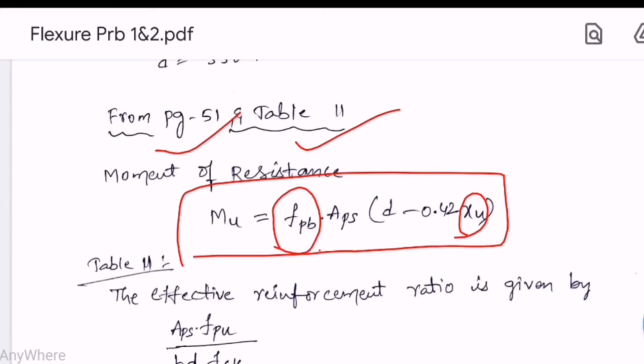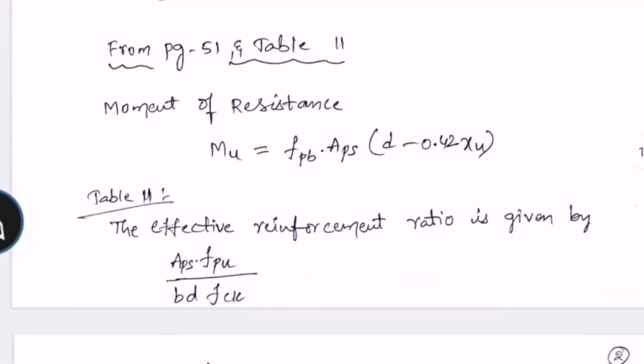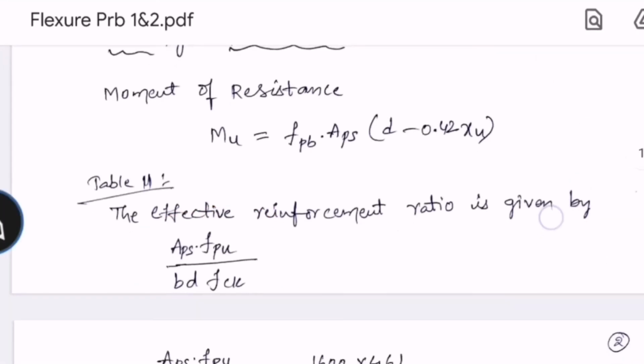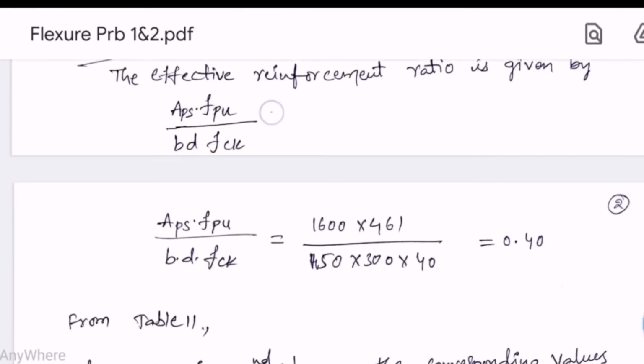To find FPB, we have to find the term APS FPU by B into D into FCK. Based on the values substituted here, we get this term as 0.4.